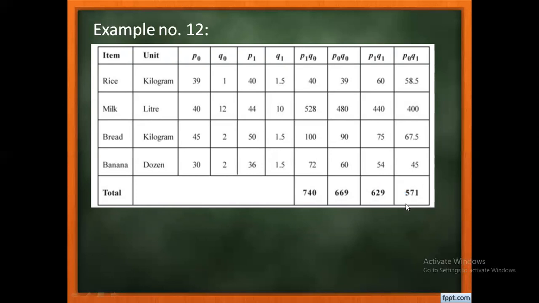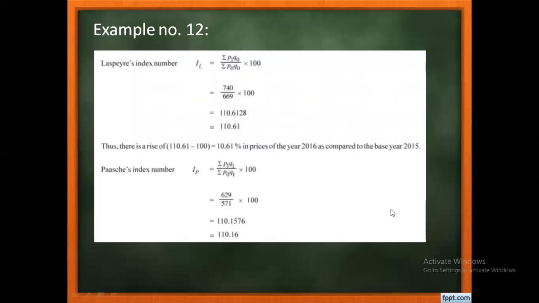Now just put these amounts in the formula. Laspeyres' index number IL is equal to sigma P1Q0 upon sigma P0Q0 into 100. Sigma P1Q0 is 740 upon sigma P0Q0 is 669 into 100. So the answer is 110.61, up to 2 digits after the decimal.